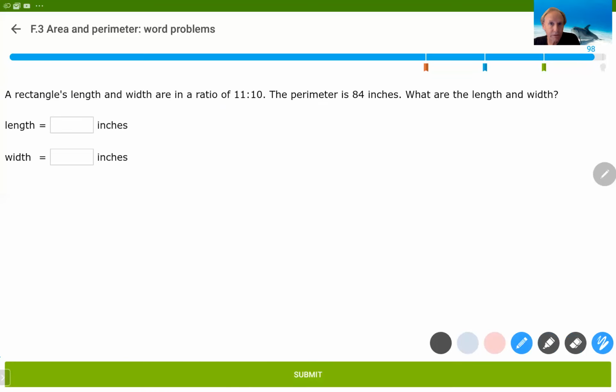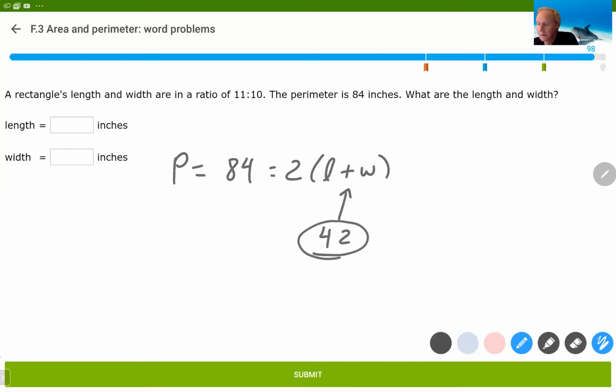11 to 10 with a perimeter of 84. Now remember, if our perimeter is 84, that's 2 times the length plus the width. That tells us that the length plus the width is 42, doesn't it? We also have a ratio of 11 to 10.